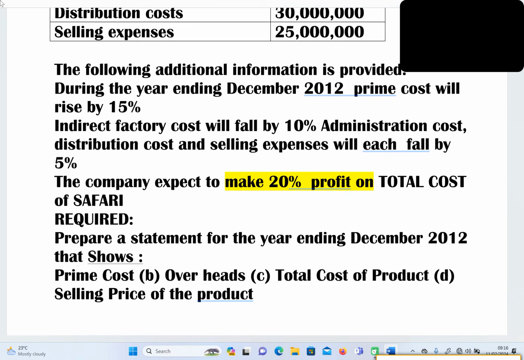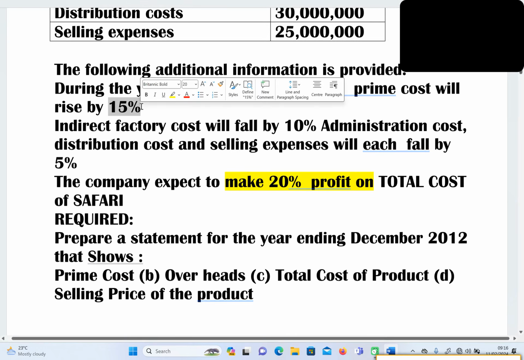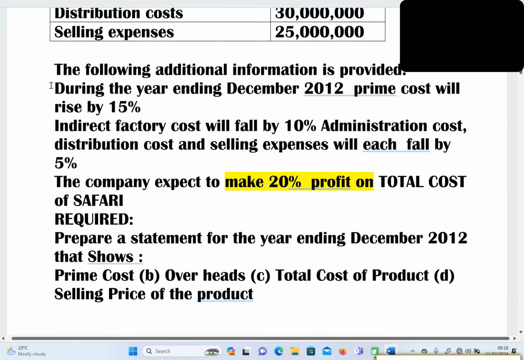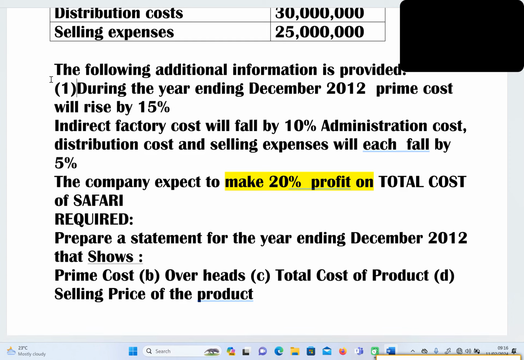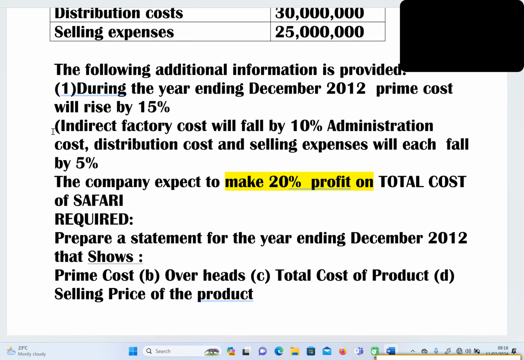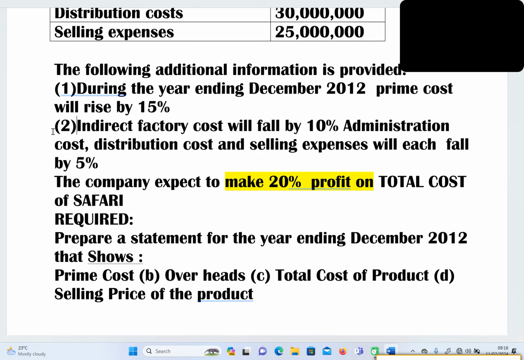First, during the year the prime cost will increase by 15%. These are additional information, number 1. Prime cost will increase by what percentage? Then, indirect factory cost will fall by 10%.